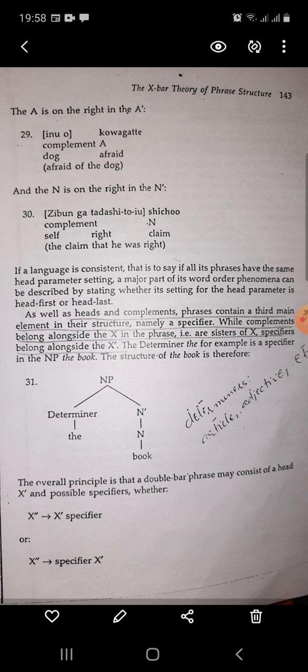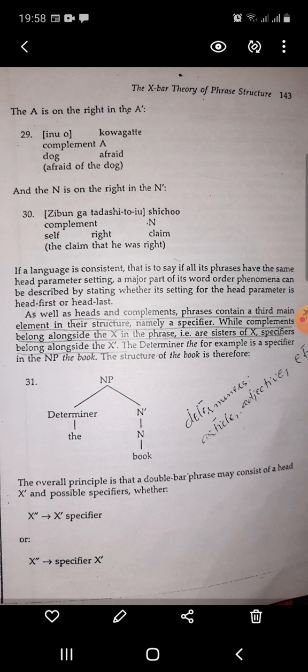So how can we say that the principle of a head-first language also applies to noun phrases in the English language? Here we can find the answer to this question: when a noun phrase is serving in the place of a subject.